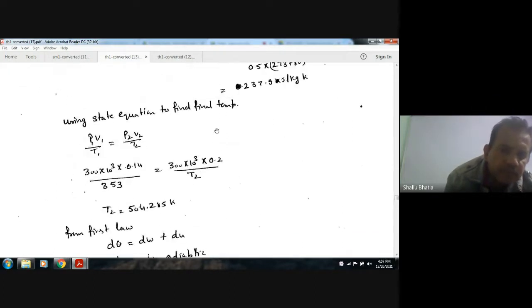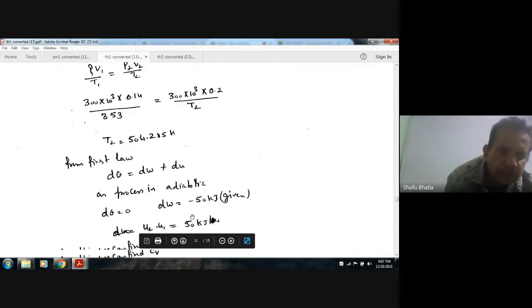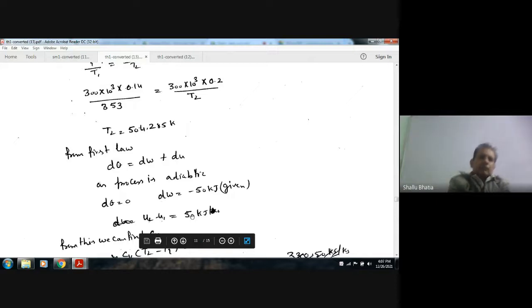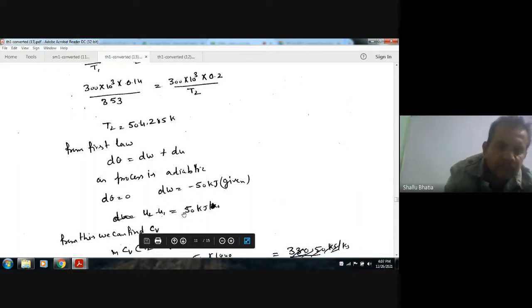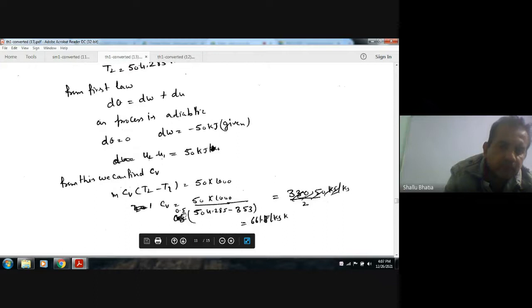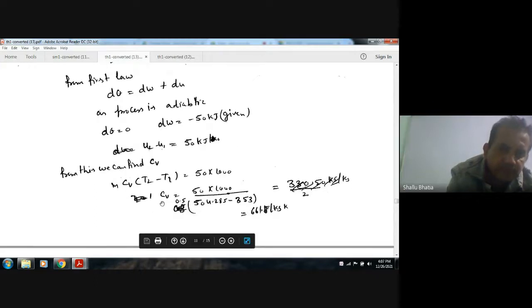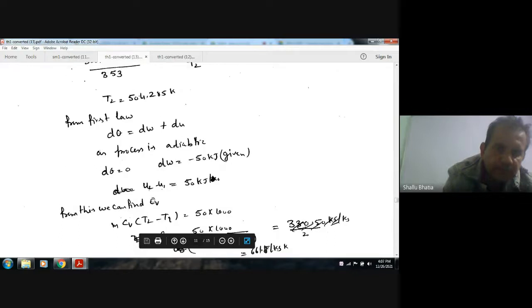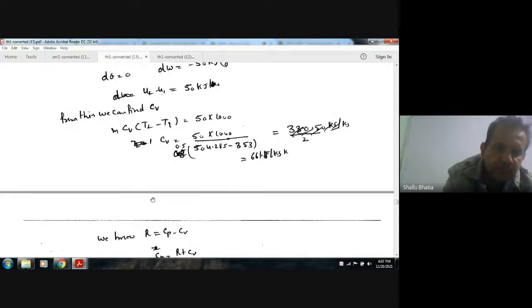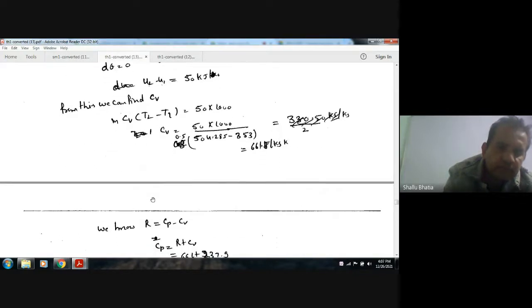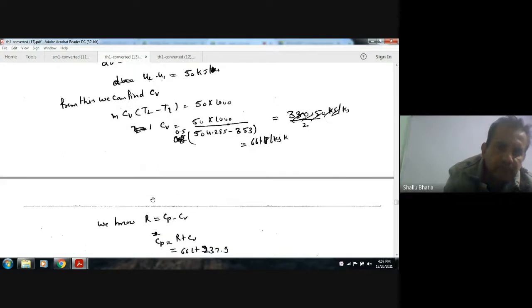Now using the first law, dQ equals dW plus dU. As the process is adiabatic, no heat is transferred, so dU equals dW. So dW is minus 50 kilojoule, and the change in internal energy is 50 kilojoule. It is m Cv times T2 minus T1.